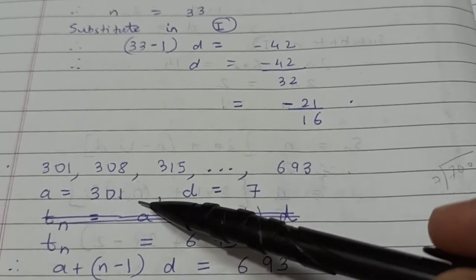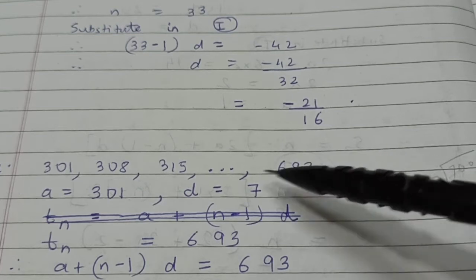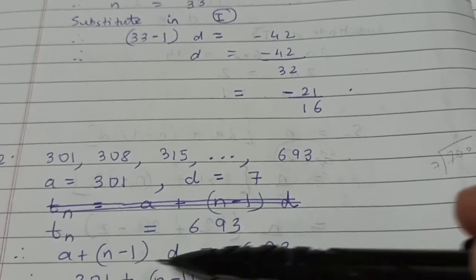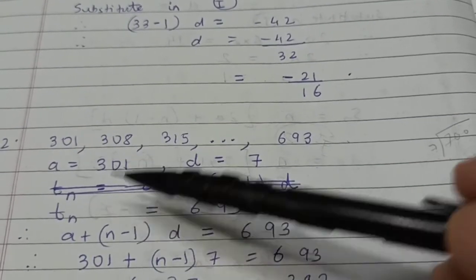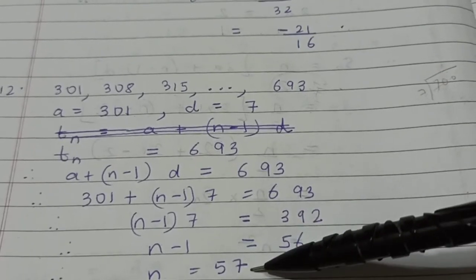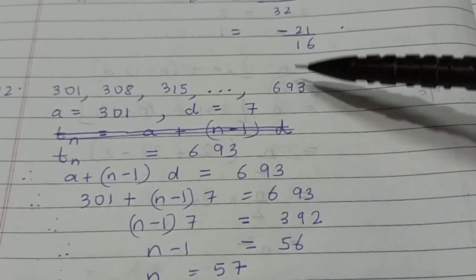So I know the first term, I know the difference, and I even know the last term, by the way. That is t of n. Use the formula of nth term, where I know the value of a and d. So I can find out the value of n, 57. So I know in this AP, this is the 57th term.